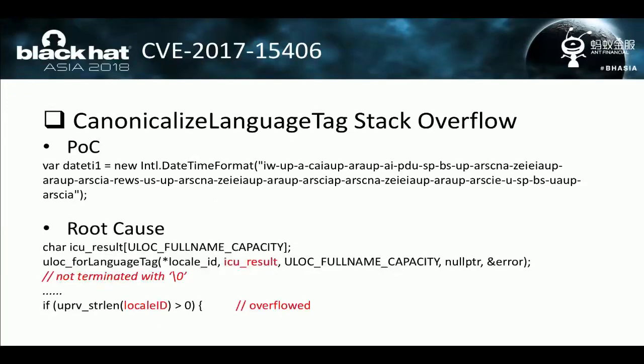For language tag, convert the ICU result, but you can see the locale is very long, so the ICU result is very long. But this ICU result is not terminated with null. So the next string length can be overflowed.